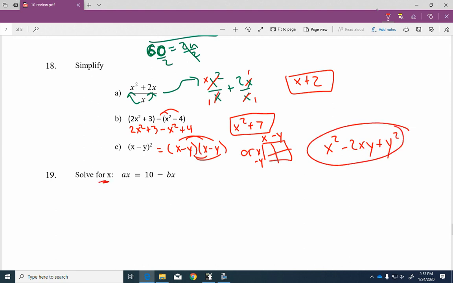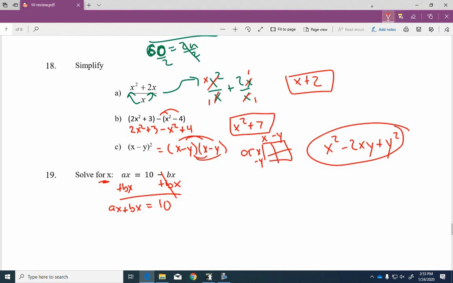And solve for x. When you're solving for x, you need to get the x's to one side. I notice that there's x's on both sides, so I will add bx to both sides. Unfortunately, I can't really add these because they're not like terms, but at least I have the x's on the same side. And this is something that you guys forget.